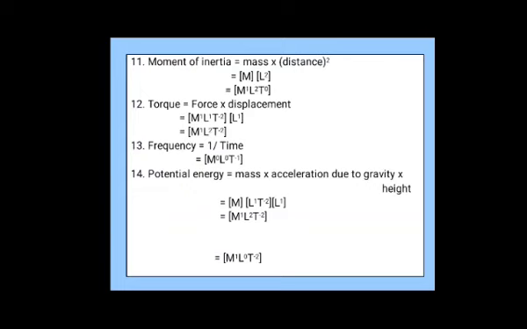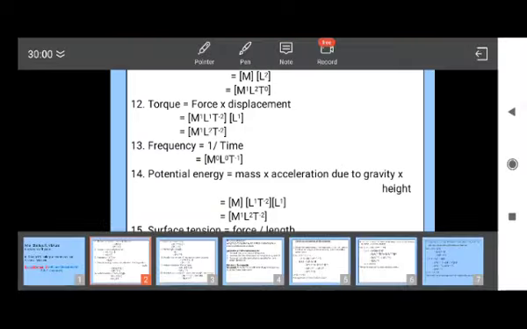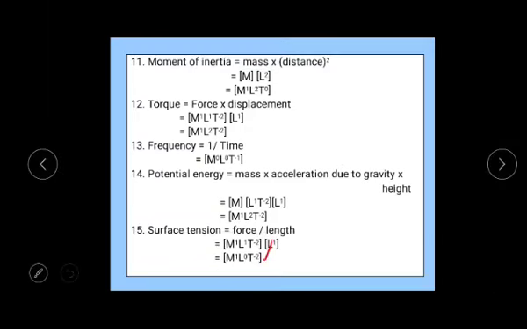Okay. Next one is surface tension. Surface tension is equal to force divided by length. Force by length, how to write? It is M raised to 1, L raised to 1, T raised to minus 2, divided by length. Here, there is a mistake, sorry. It is L raised to 1, you are writing in the denominator, you take it as divided by.